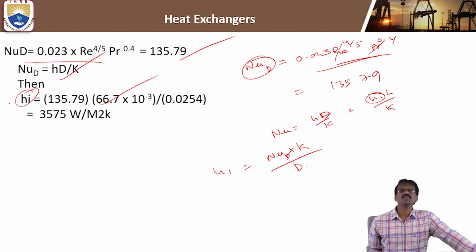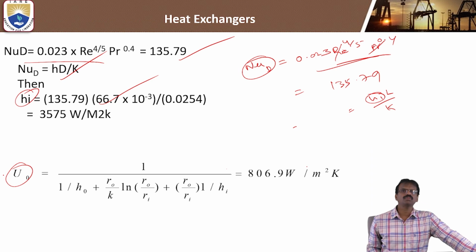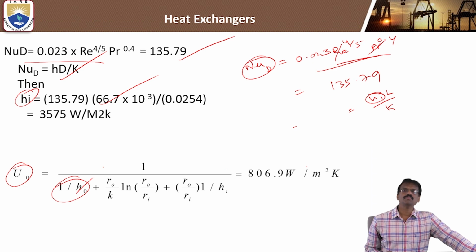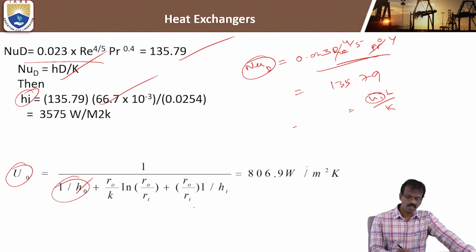Then you have to find out the overall heat transfer coefficient. The formula is like this. So this is the overall heat transfer coefficient with respect to the outer surface: 1 by h naught, h naught has been given, then r naught by k into ln r naught by ri plus r naught by ri into 1 by hi.